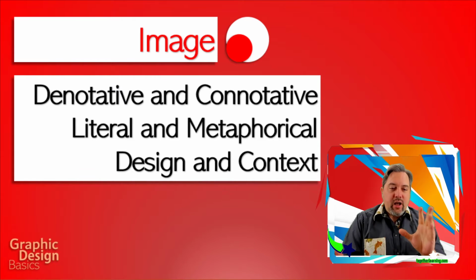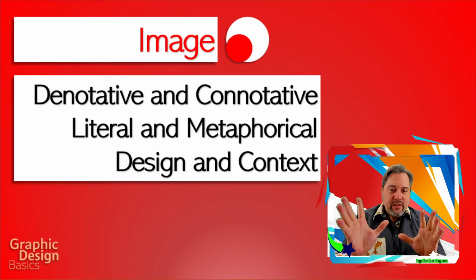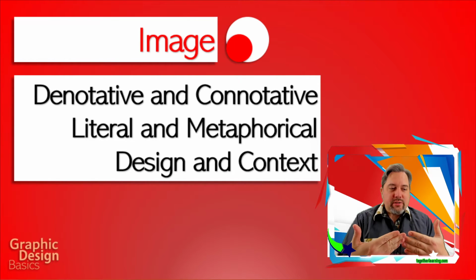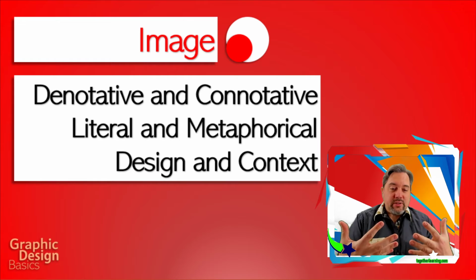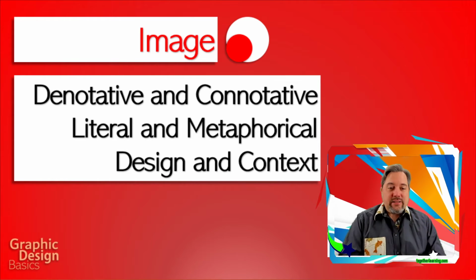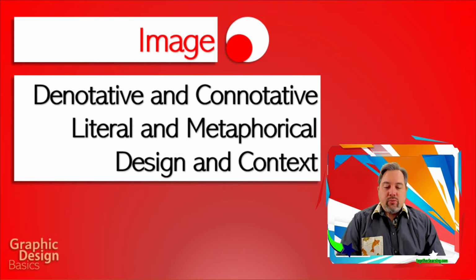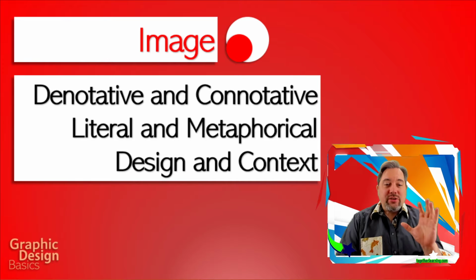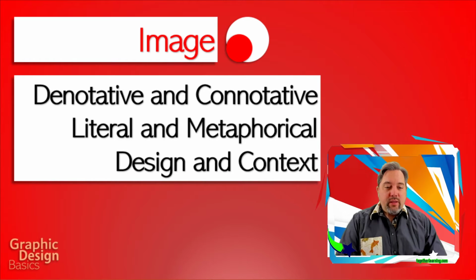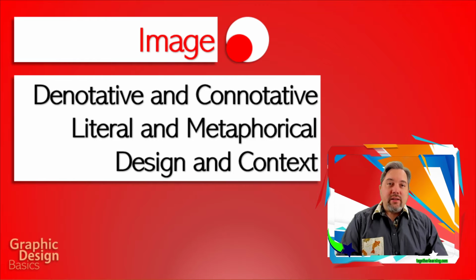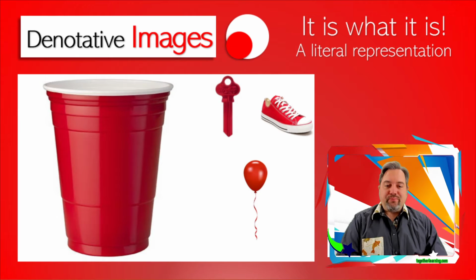When we think about the different portrayals of images in our media with this concept of denotative and connotative, we can really start to dig in and think deeper about what we are trying to communicate with the pictures, photography, and images that are displayed in our designs.